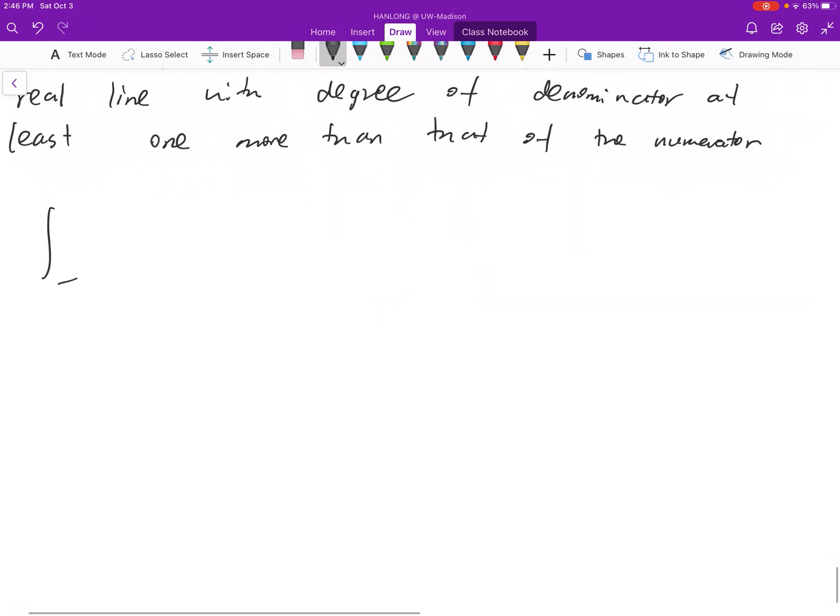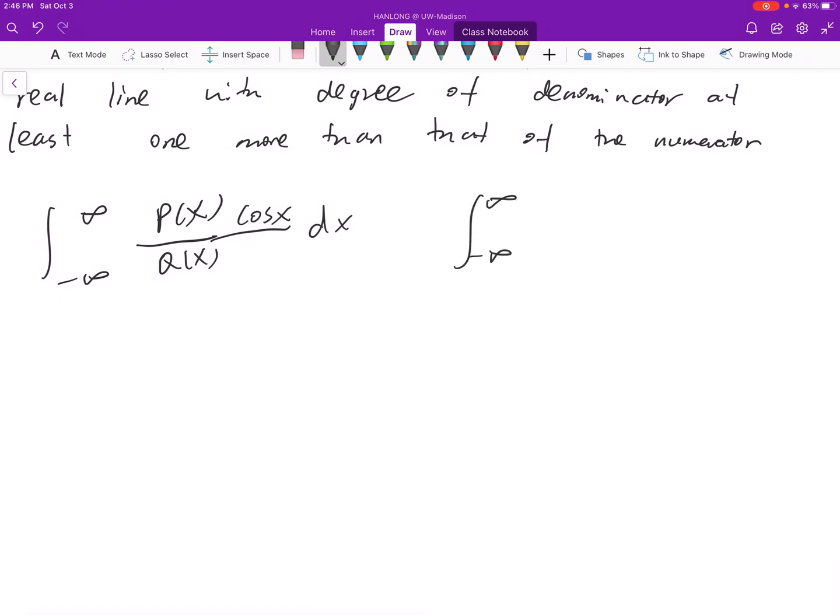If you write it down, it's pretty similar to the previous case, but here you twist it with cosine or sine.